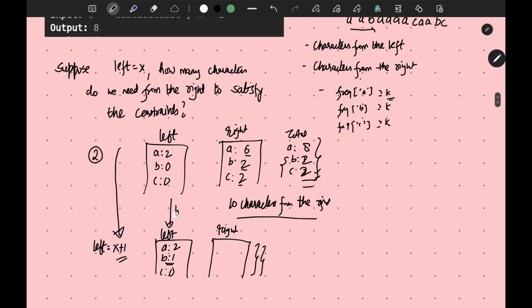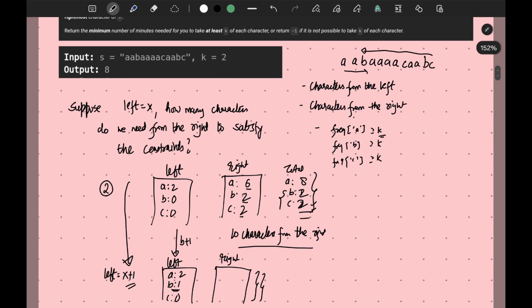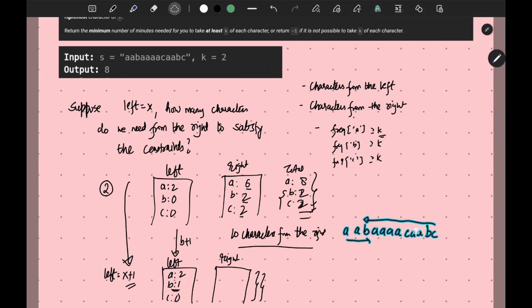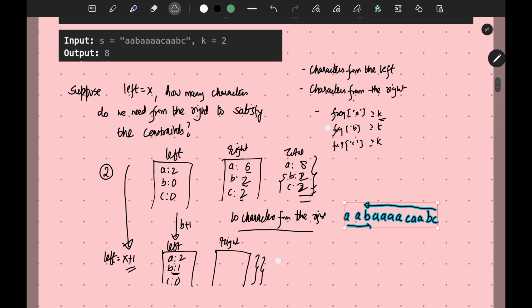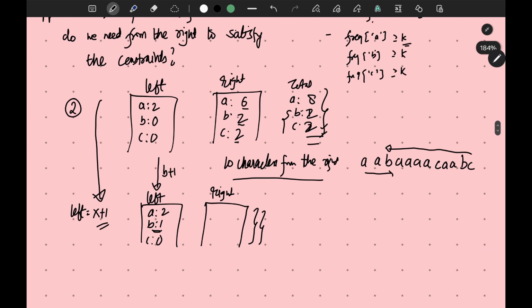That is, only B is incremented by 1, nothing else is changing. Okay, so what does that mean? Let me bring this down first.